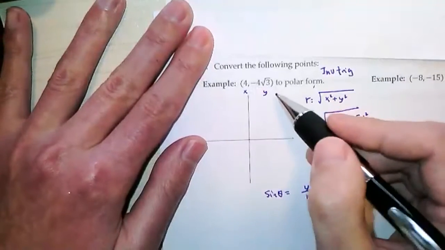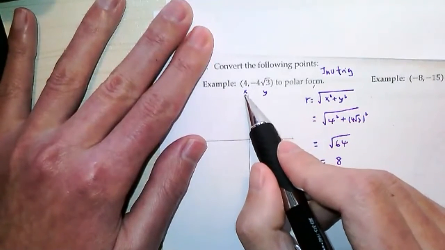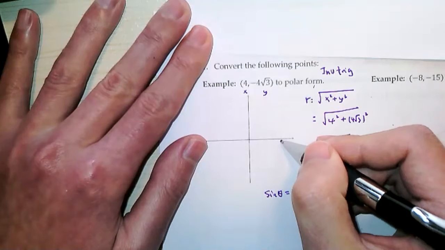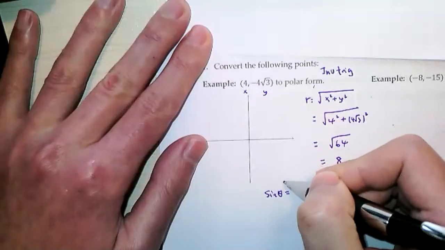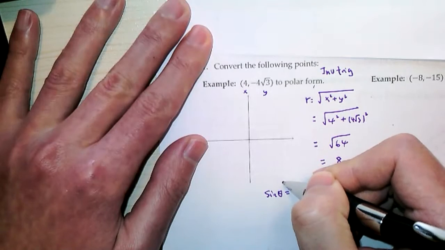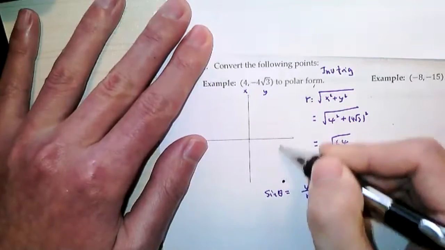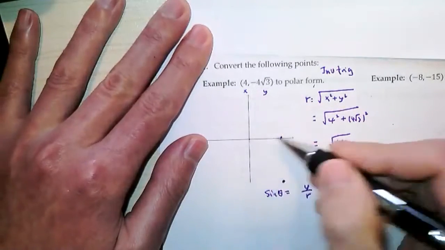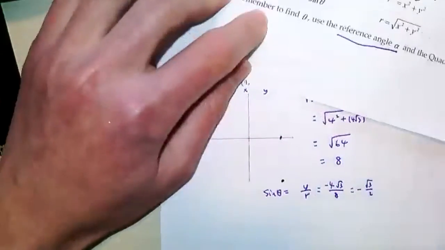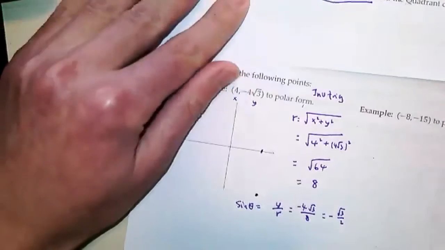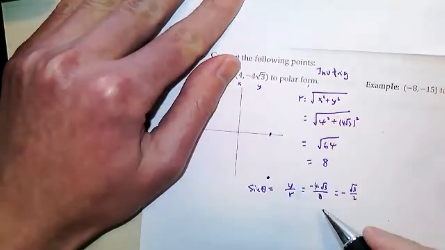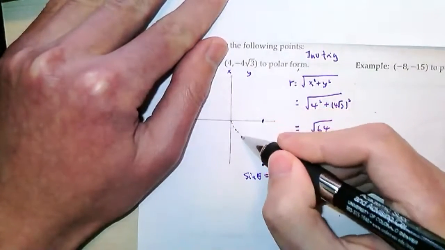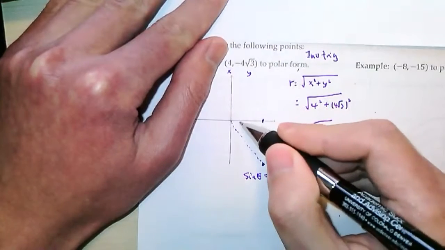So what is the angle? Look at this point. X coordinate is 4. So let's find it on the coordinates. Y coordinate is negative. So it should be somewhere around here, right? Somewhere around here, 4, negative 4 times square root of 3. So we should figure out what is the angle for this one.